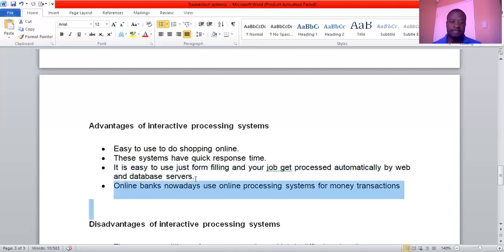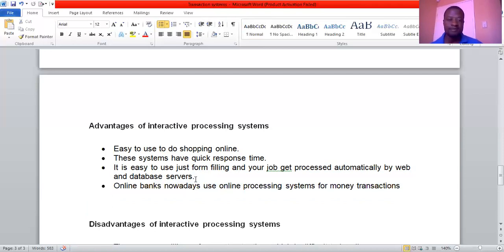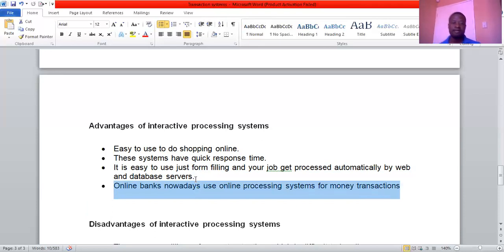Online banks nowadays use online processing systems for money transactions. If you are sending money to someone through the bank, it doesn't take a lot of time.